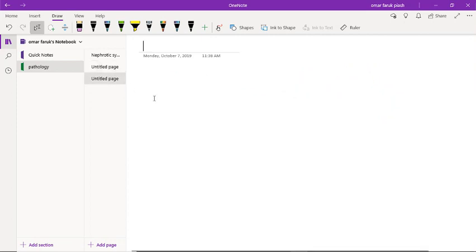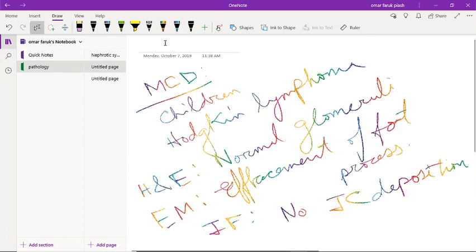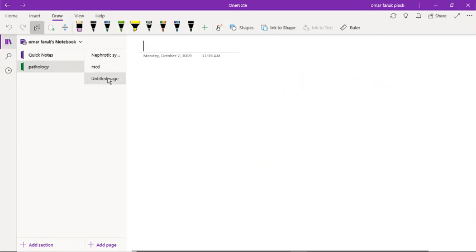Then the next one, this is FSGS, that means focal segmental glomerulosclerosis.